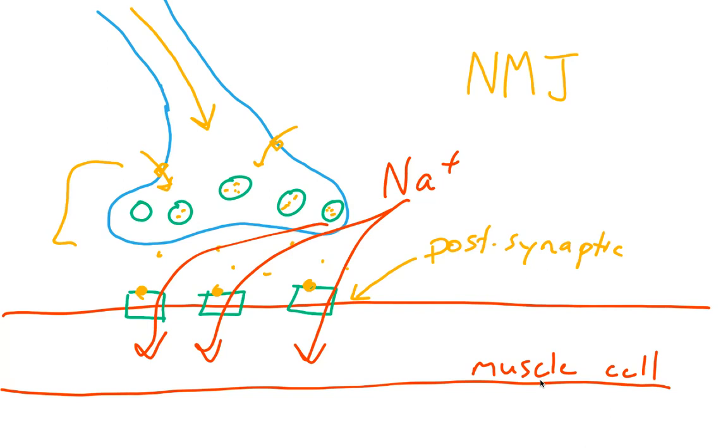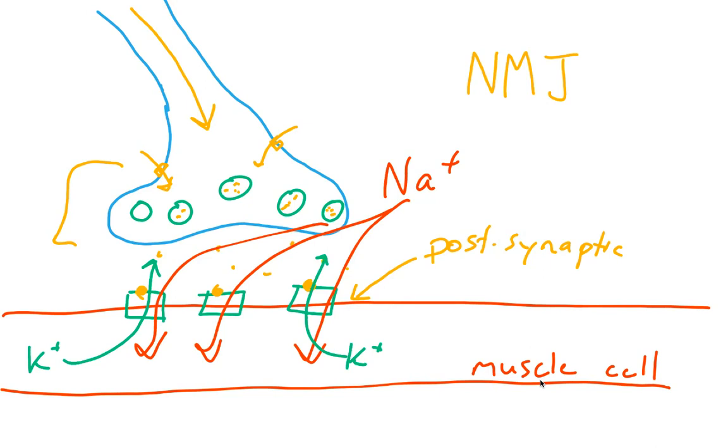And conversely, potassium that was previously hanging out in the higher concentration within these muscle cells is going to leave. And so there's a bigger influx of sodium relative to potassium.